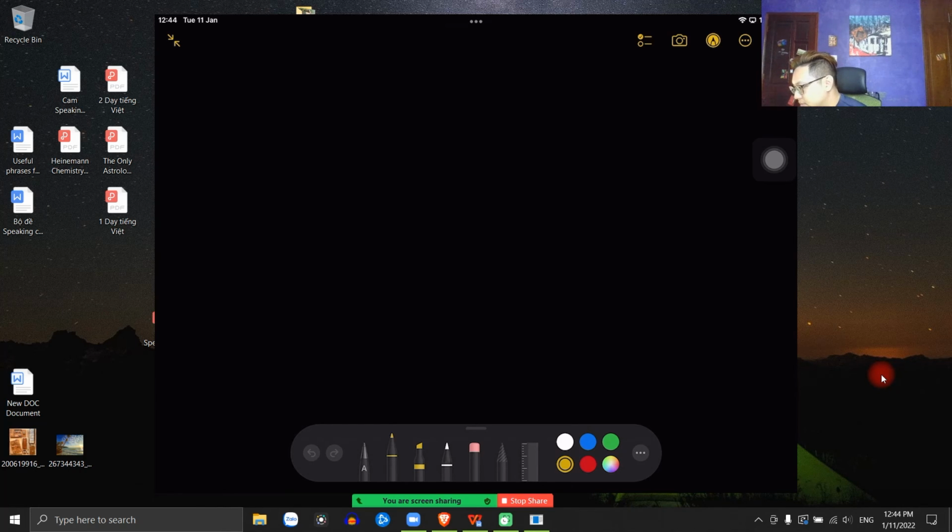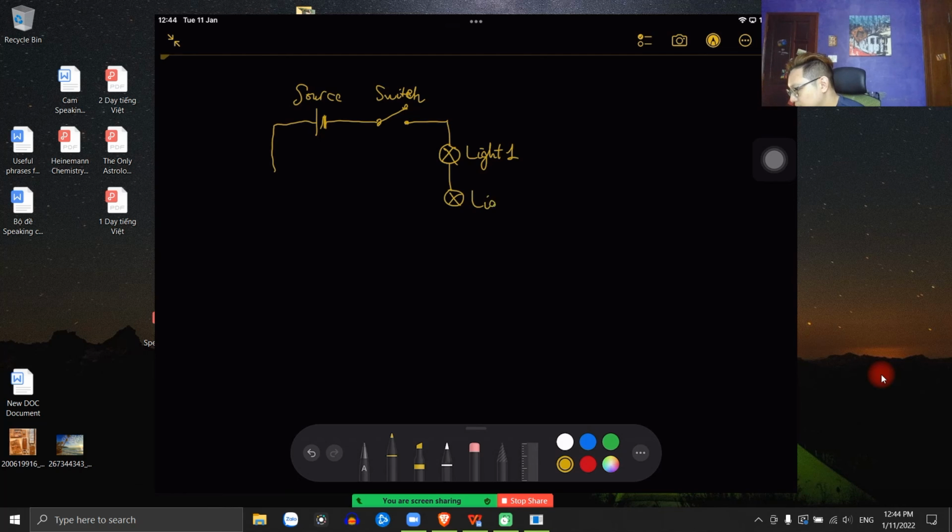Alright, so basically, okay, you know what I'm drawing, right? This is a source, and then let's say this is a switch. Oh my god, my handwriting is terrible in here. Anyway, this is a switch, and say this is a light bulb, this is light 1, and this is light 2.